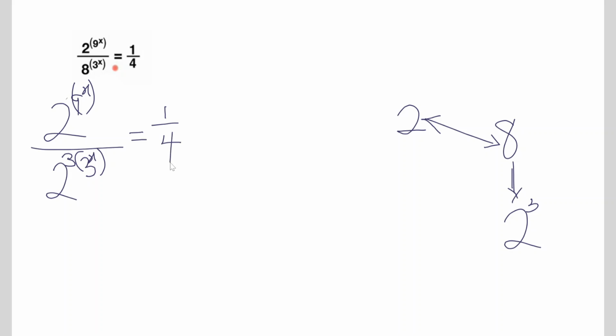And from here, we have 2 to the power of 9 to the power of x over 2 to the power of 3, then multiplying 3 to the power of x, everything would give me 1 over 4.